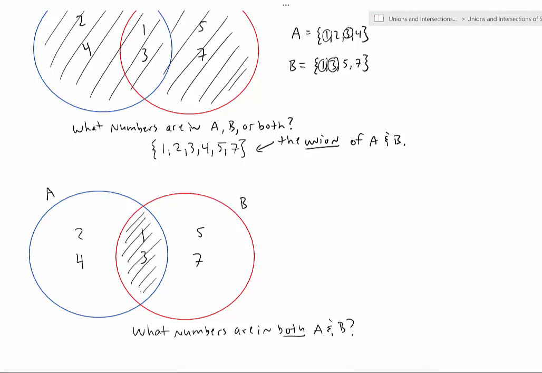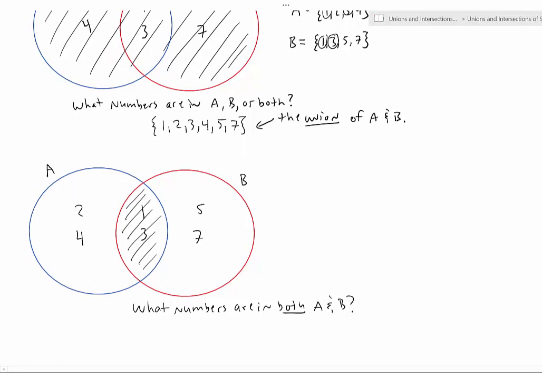They're in A but not in B, or in B and not in A. So what is this set? This is just the set 1, 3. And that is what we call the intersection of A and B, helping us introduce the concept.